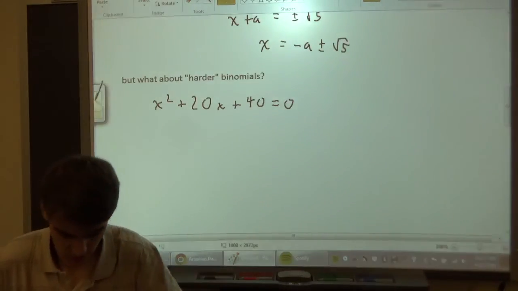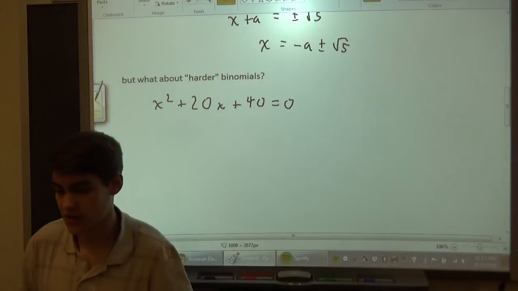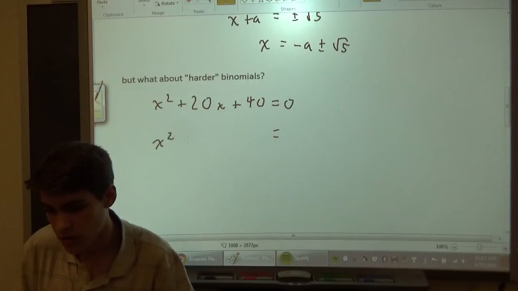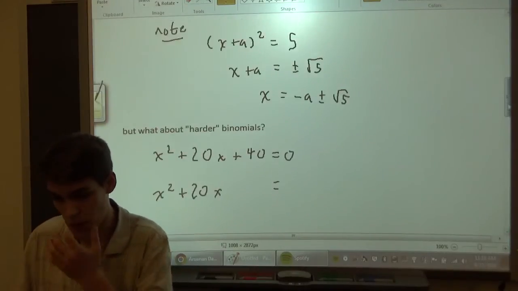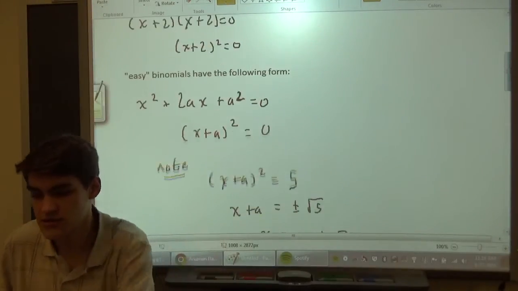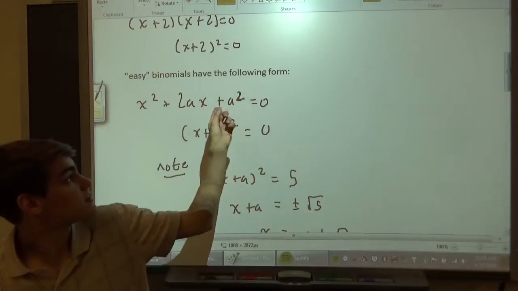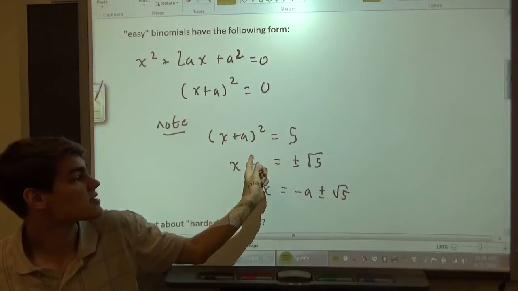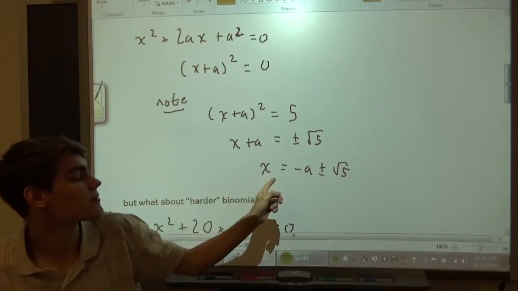So we're going to have to get a little tricky here. The goal is to make a harder to solve binomial look like an easy to solve binomial. So we want to get the left side of the equation to look something like this, something like an easy to solve binomial, so that we can use this and then find x anyway.